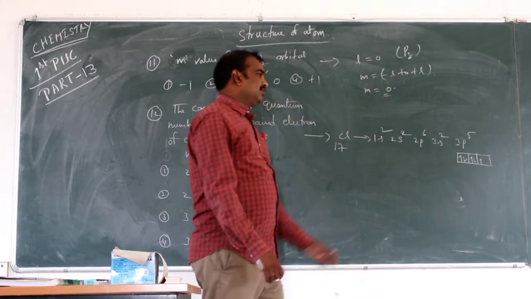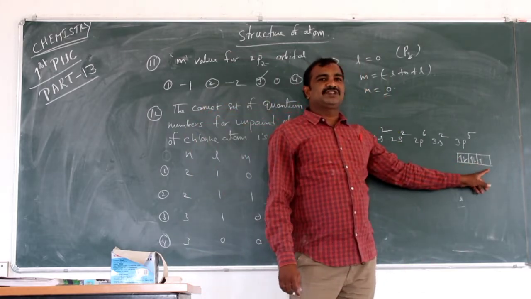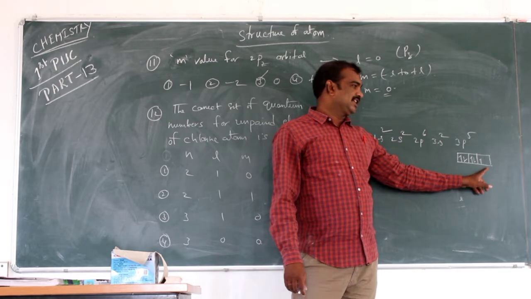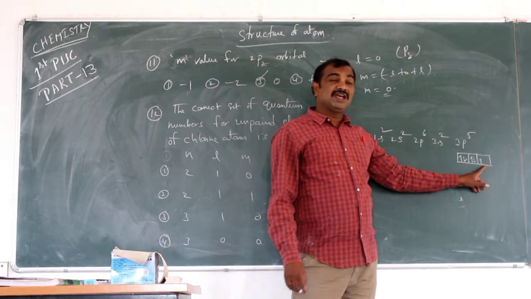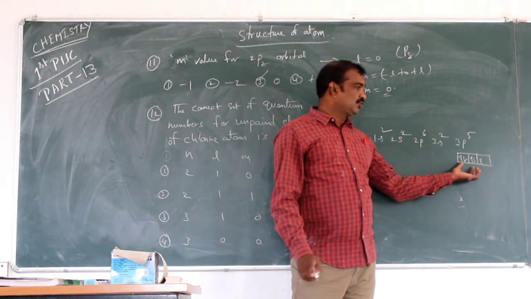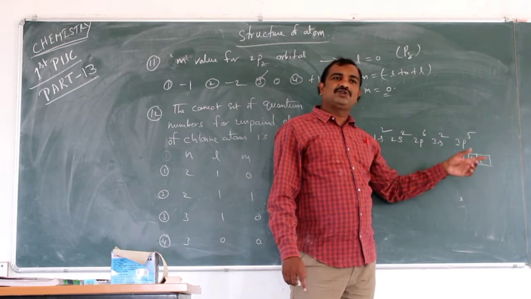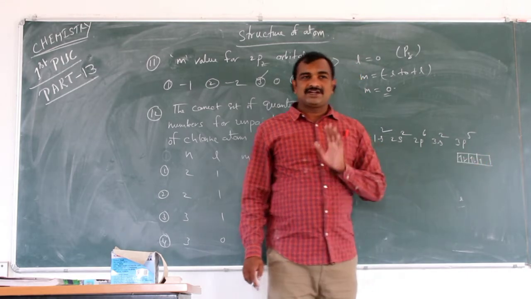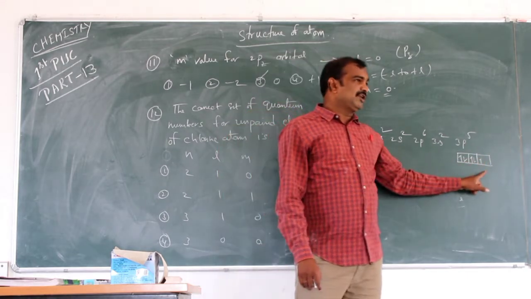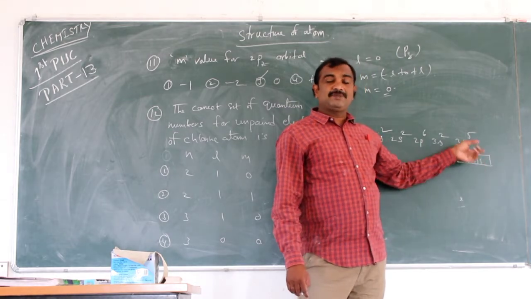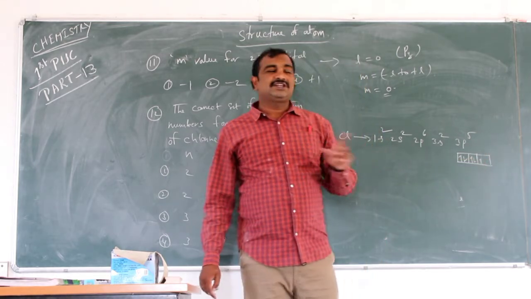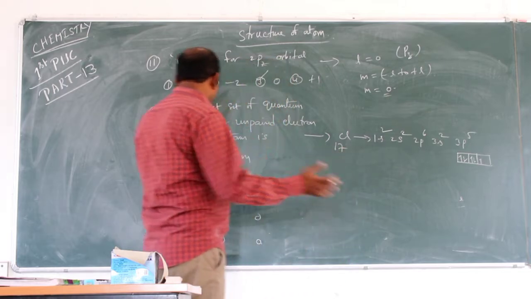This one is vacant, so it has only 1 electron. These two are filled, and this one has only 1 electron, so it is the unpaired electron. One orbital, the last orbital of 3p, has only 1 electron. That is the unpaired electron.